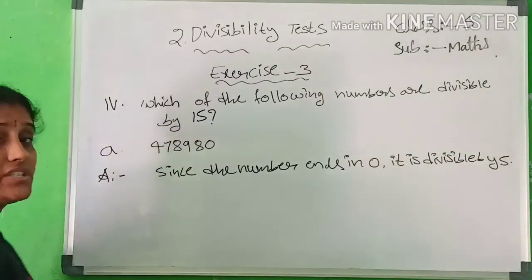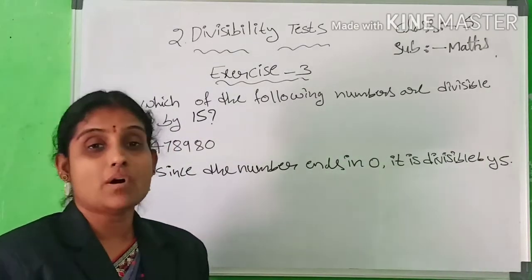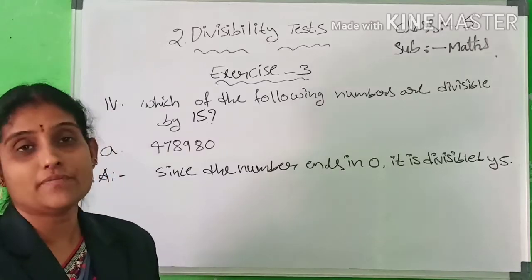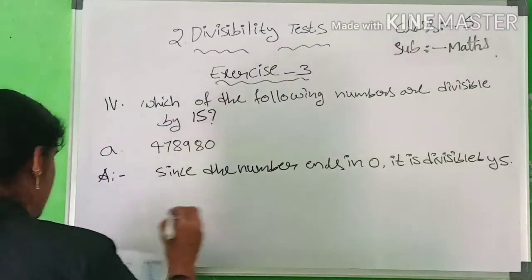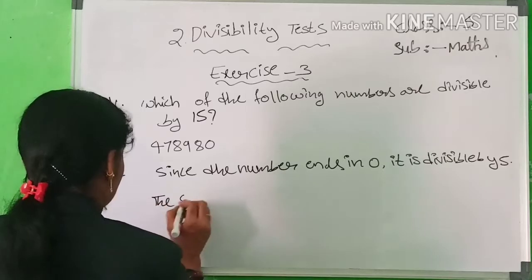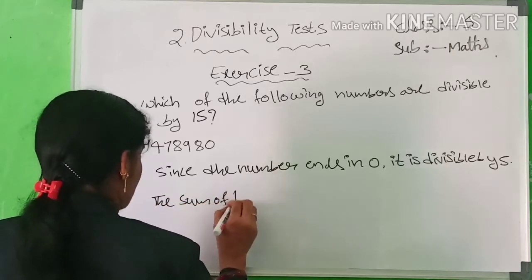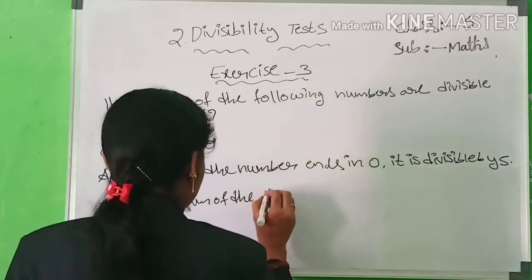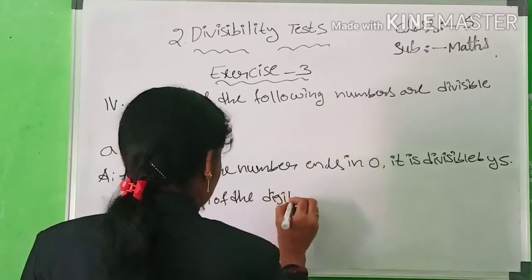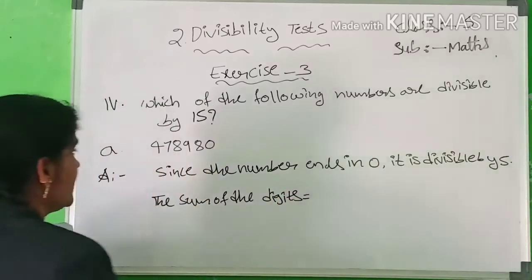Next, what is the divisible by 3 rule? Sum of the digits.